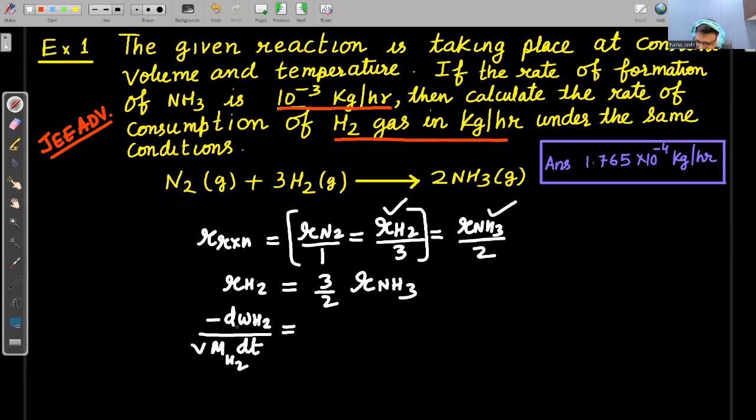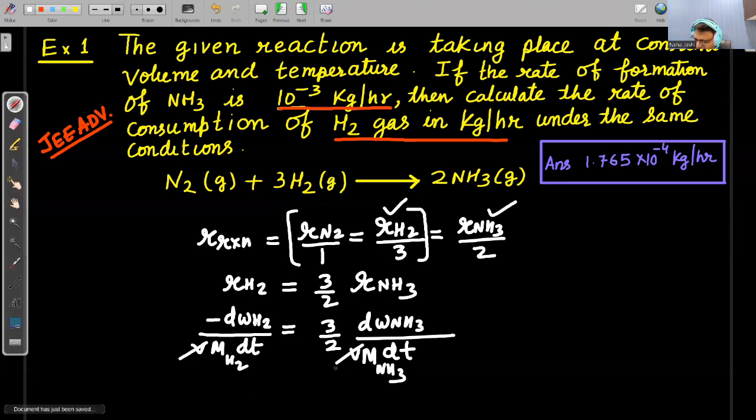Change in mass divided by molar mass is change in number of moles, divided by volume is change in concentration. This is equal to 3/2 times the change in mass of ammonia, which is going to increase with time, divided by the volume of the system and the molar mass of ammonia. Since volume will cancel out, it is not that important, but molar mass is important, right?